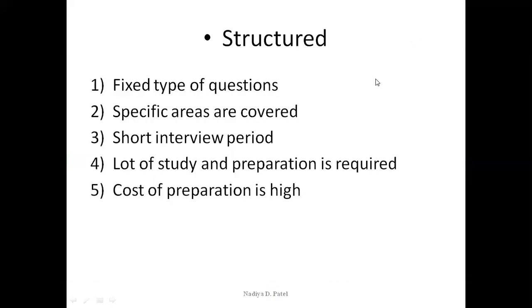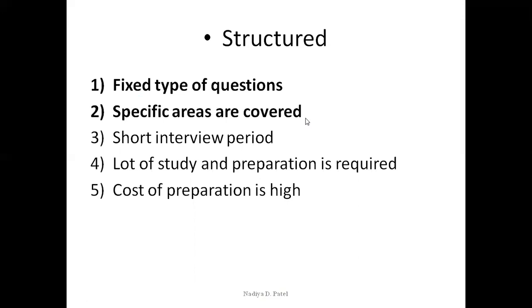The first type is the structured interview, which is going to have fixed types of questions and specific areas which will be covered. When you visit your client and adopt the interview technique with this first type, you need to frame your questions beforehand.